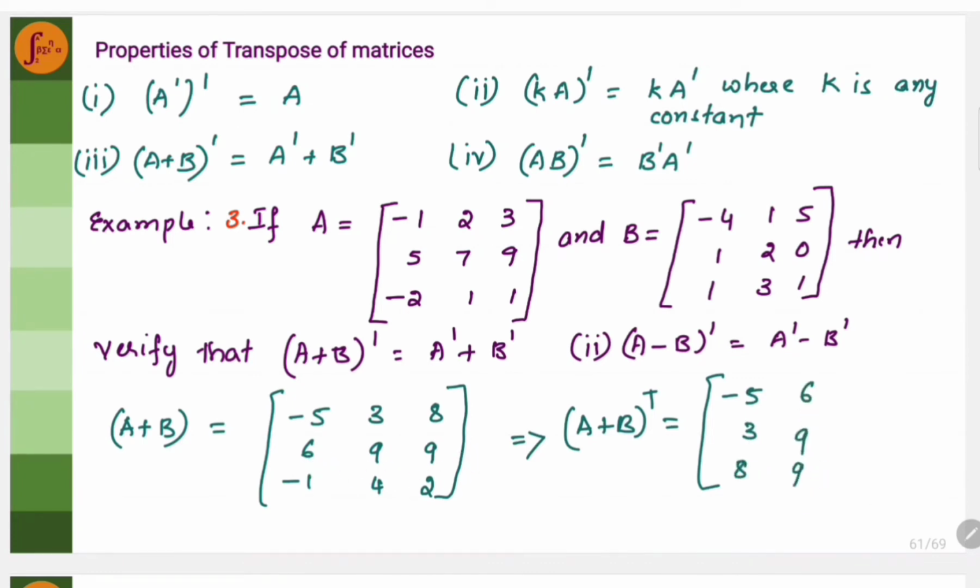The third row, minus 1, 4, 2, we'll put as a column. So this becomes the transpose of A plus B. Let's call this expression 1. Now let's find the transpose of A, the transpose of B, and then add them. We have to prove that the resultant matrix is the same as this one.